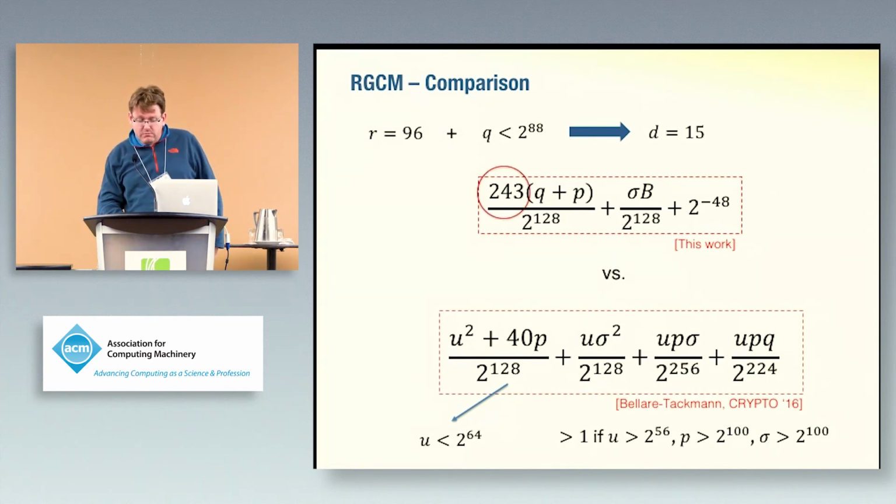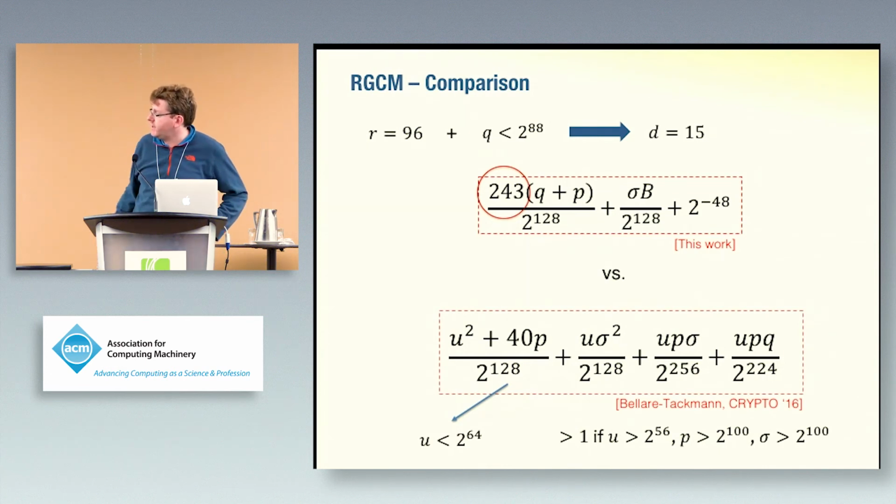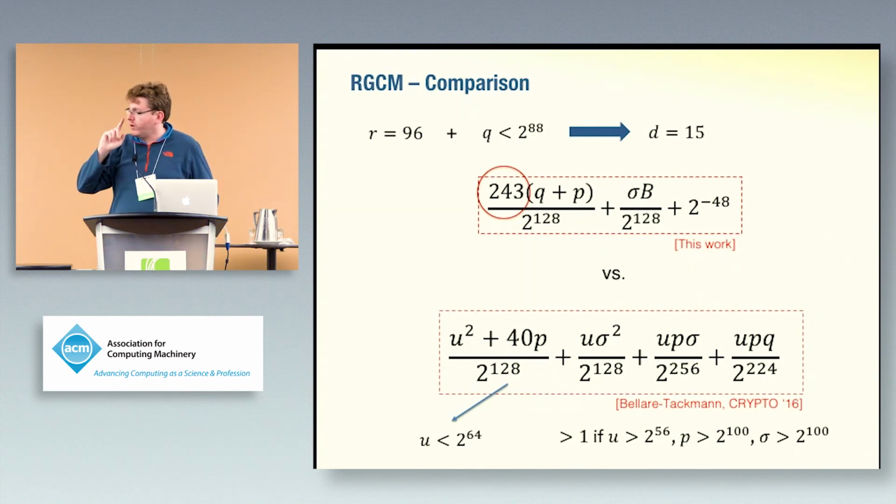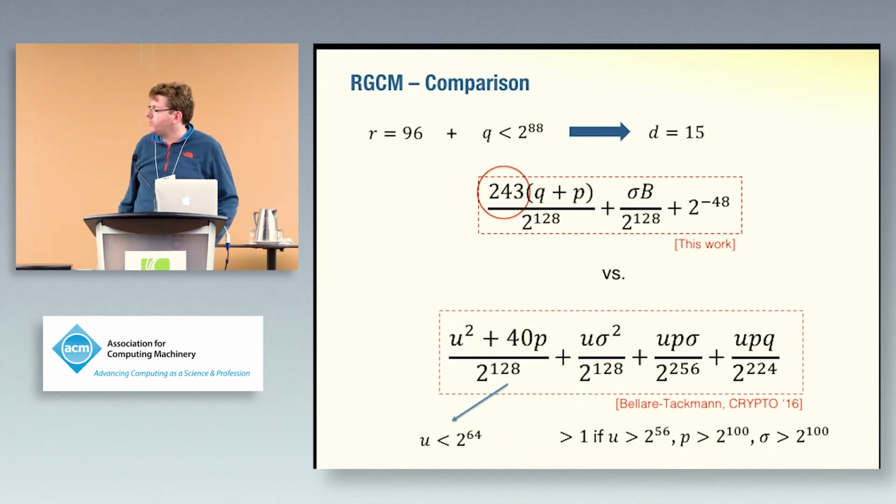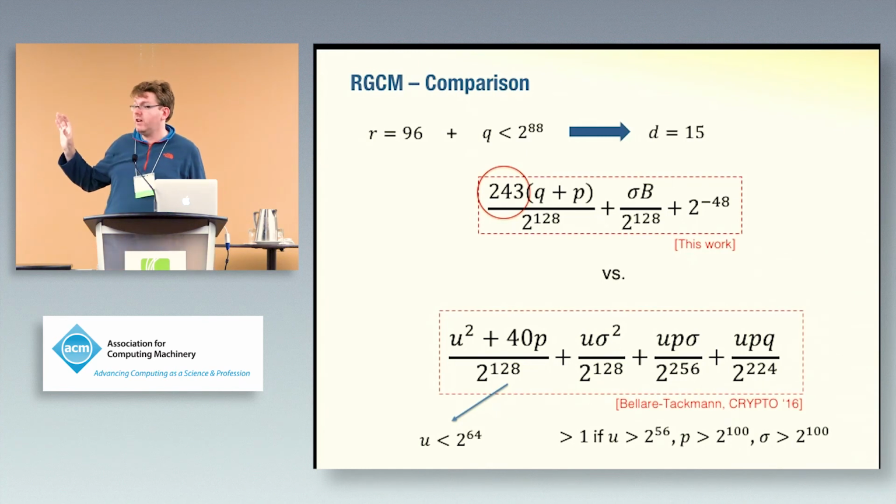Now, one thing here is that there's this constant which is a little bit weird. Aesthetically, it's very unpleasant, 2 to the 43, and looking at the other bound, it seems it's because of the P-dependent term, so you might be able to improve it. And actually, we believe so. But there's one important thing I haven't told you yet, which is that our results show something way more general than what is needed for RGCM.